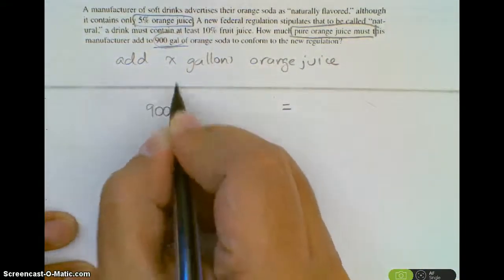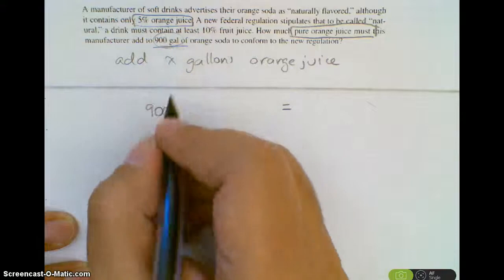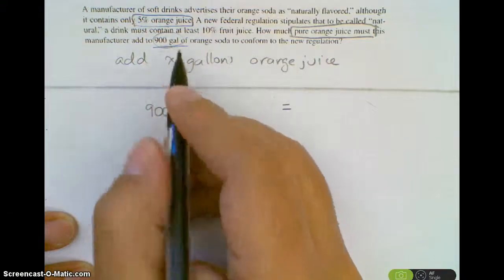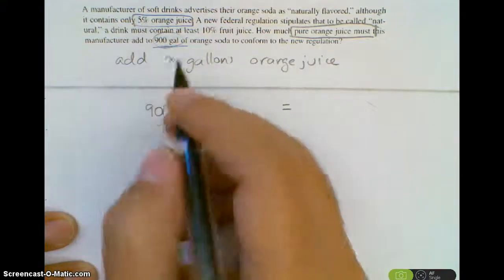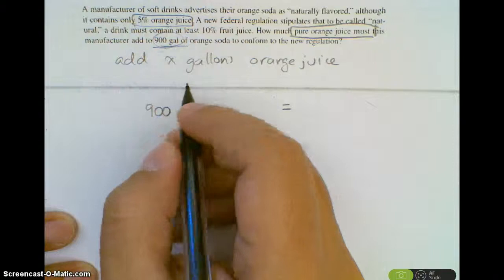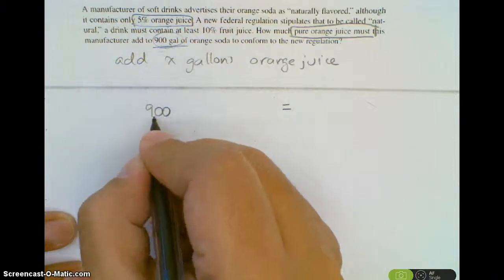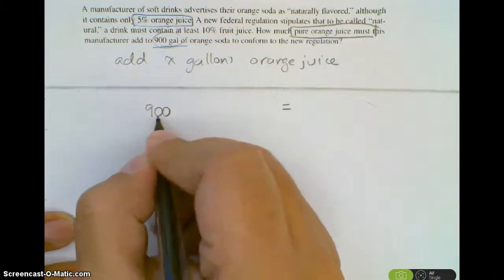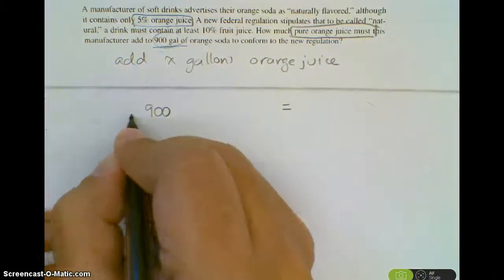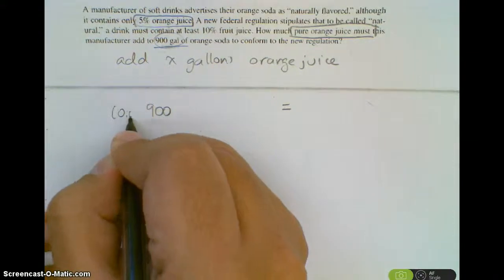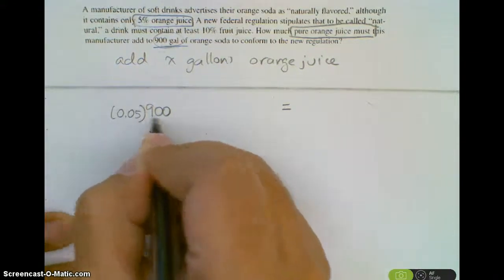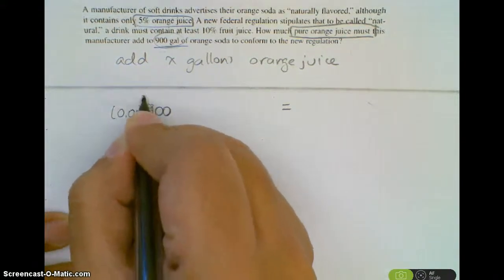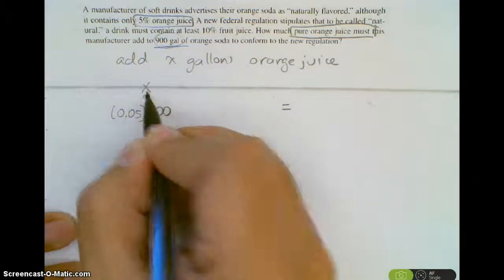So I know that at the beginning I have 900 gallons of soda, and for every 100 I have 5 of pure orange juice. So I'm going to take 5% of this. Taking 5% of this will make me say, okay, 0.05 of this, meaning the word "of" means multiplication.